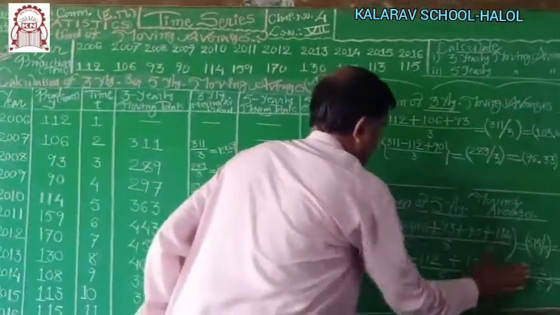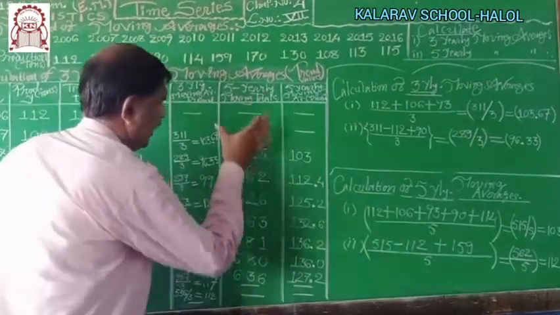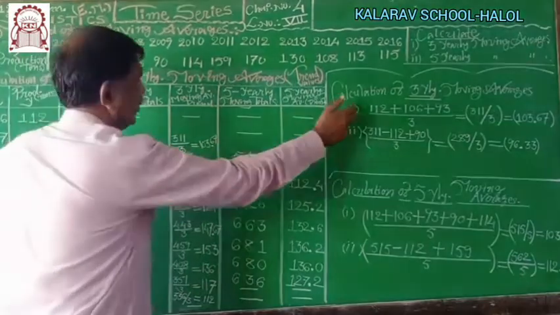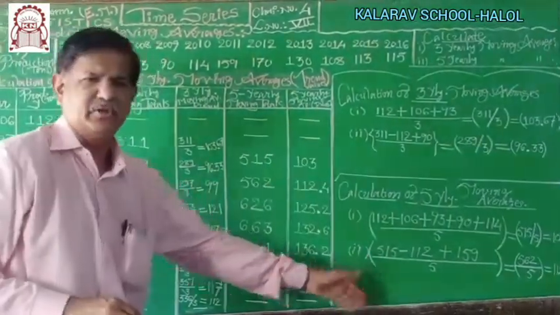This calculation can be shown in these two columns, or in the column of totals, the 3 yearly moving totals. So there is no need to separate out this calculation.